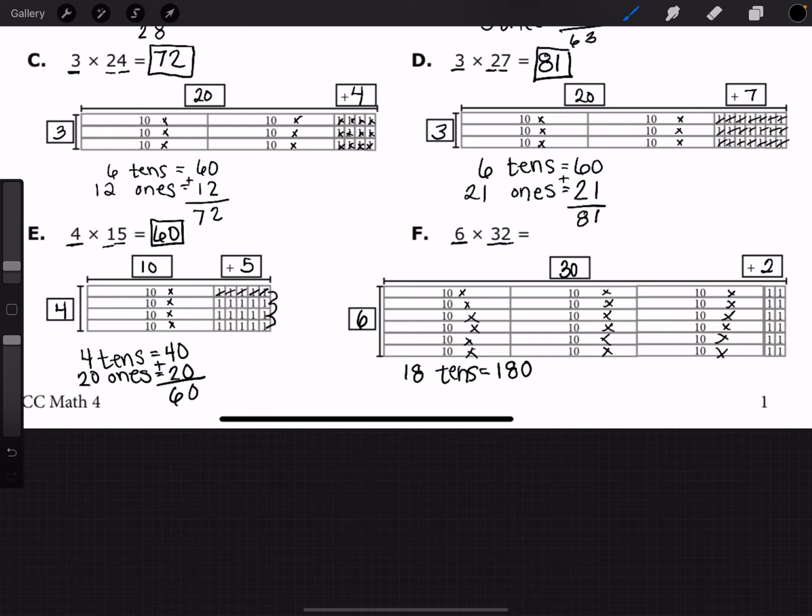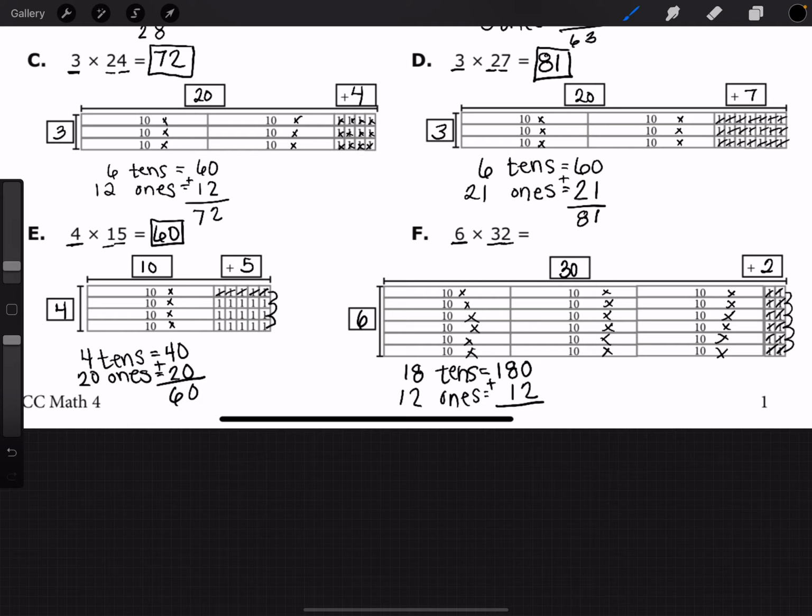Now let's count the ones. We have 1, 2, 3, 4, 5, 6, 7, 8, 9, 10, 12. Again, we could have counted by 2. So 2, 4, 6, 8, 10, 12. 12 ones. And 12 ones equals 12.